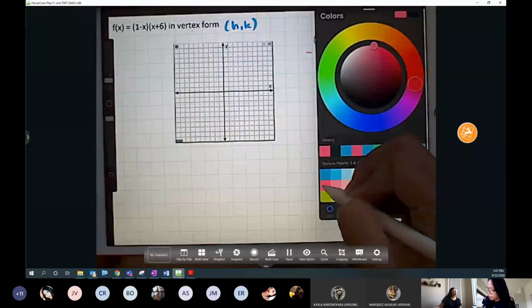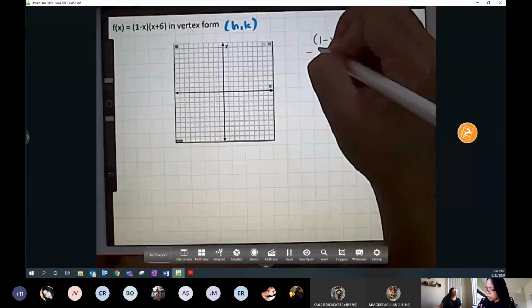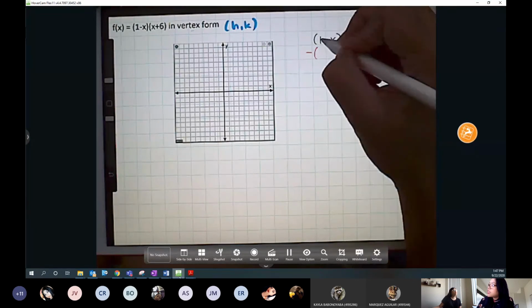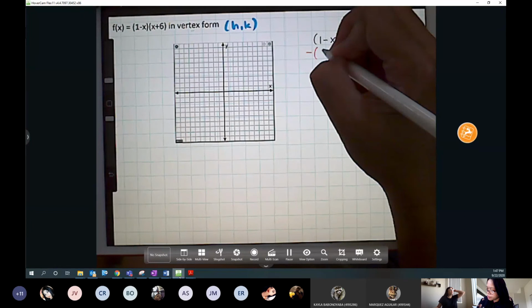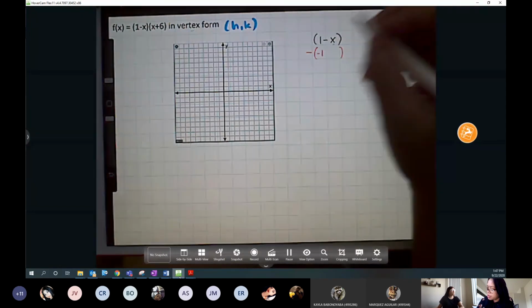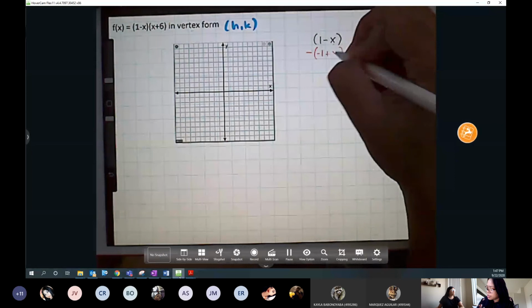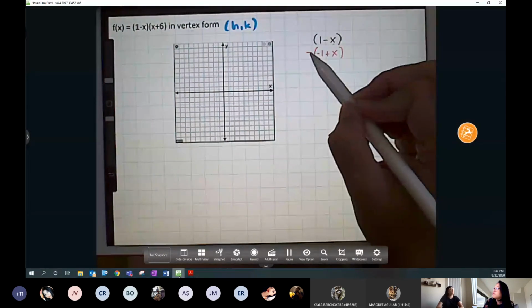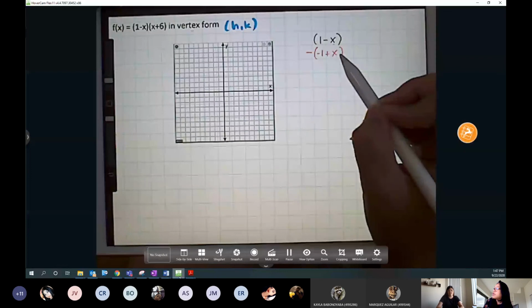Okay, when we're adding or subtracting polynomials, once you have a negative outside, all the signs inside change sign. So the 1 becomes a negative 1 and the minus x becomes x. And you can do this as long as you don't remove the negative.